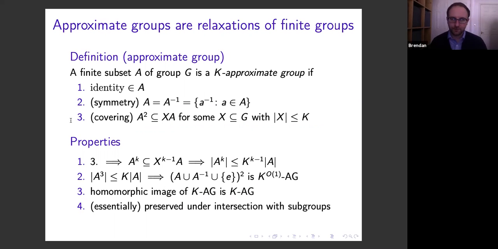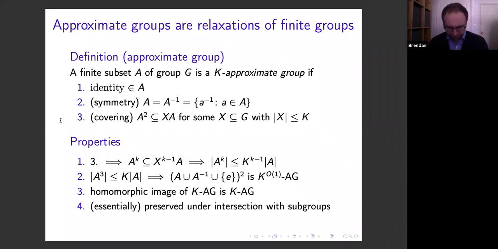So instead of every product living in the set A, the set A squared, the set of all pairwise products of elements of A, is covered by k left translates of the set A. And so if k equals 1, then a k-approximate group is an actual finite subgroup. So it's a relaxation of this concept.